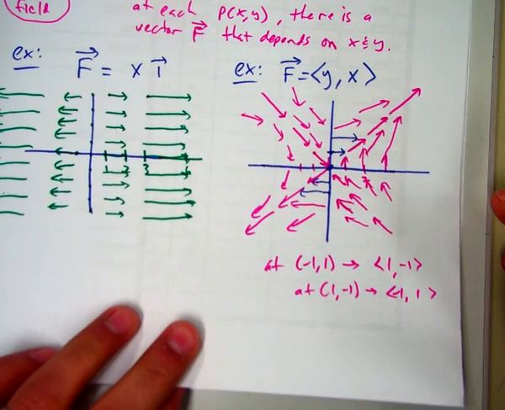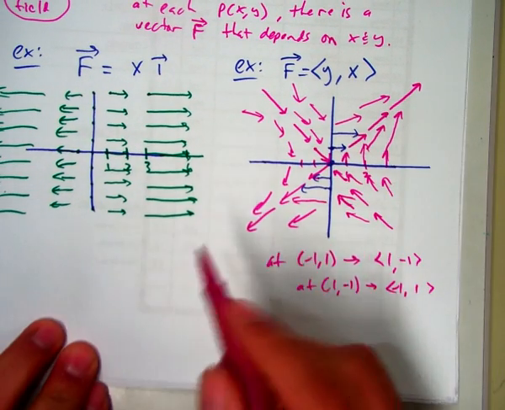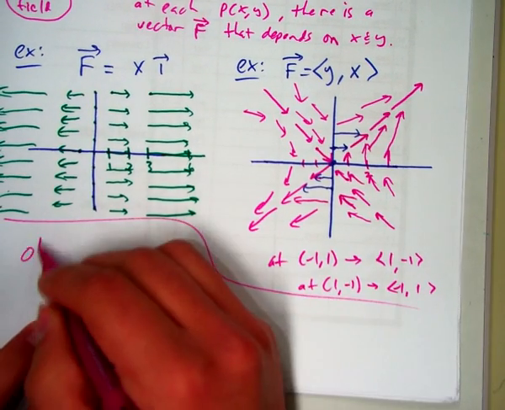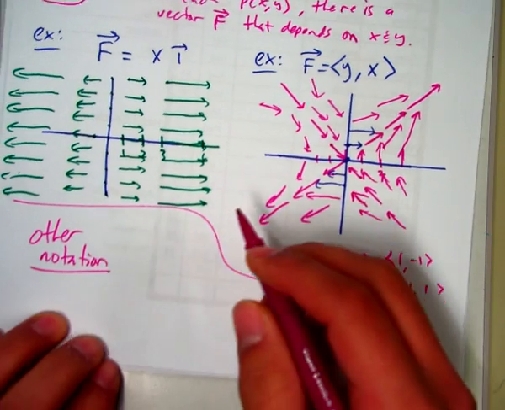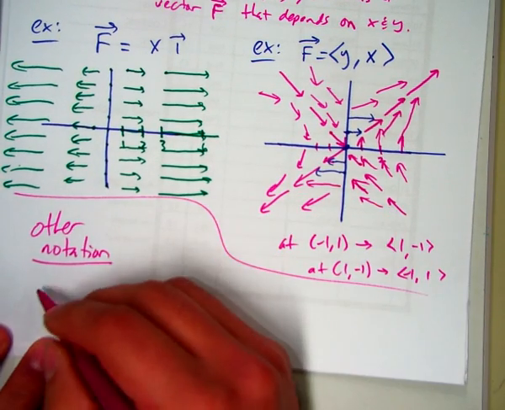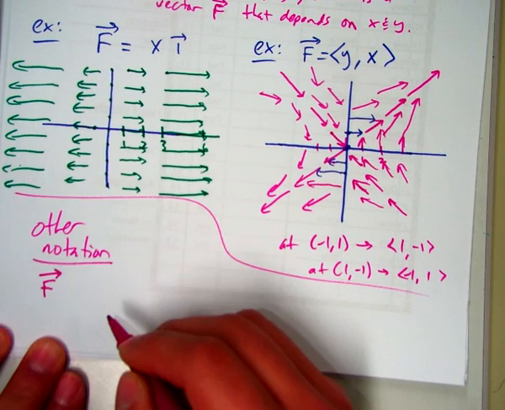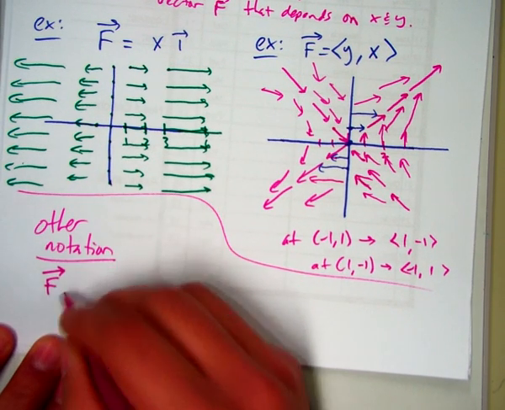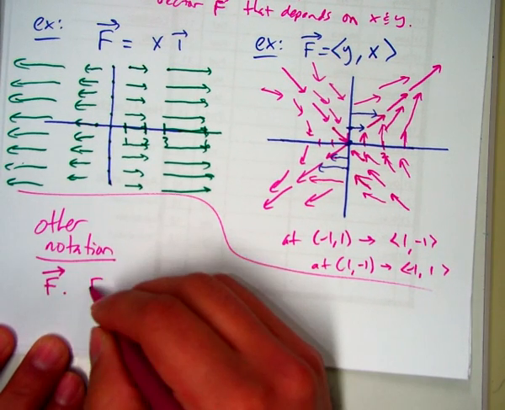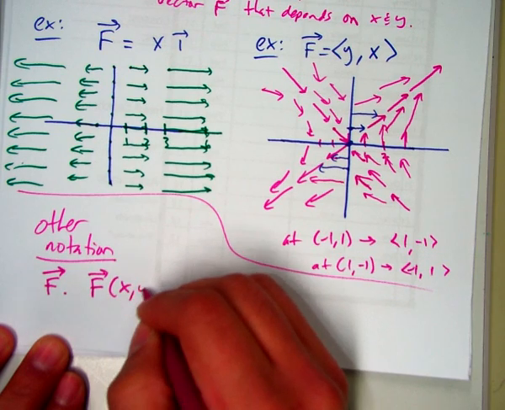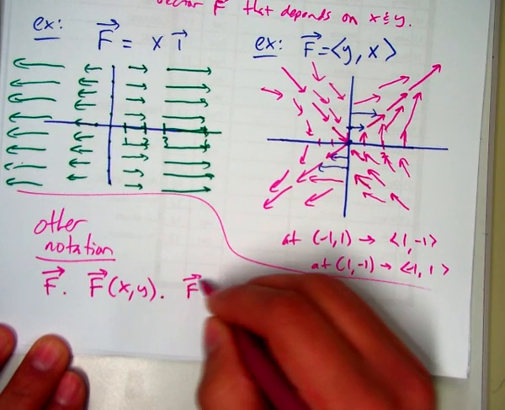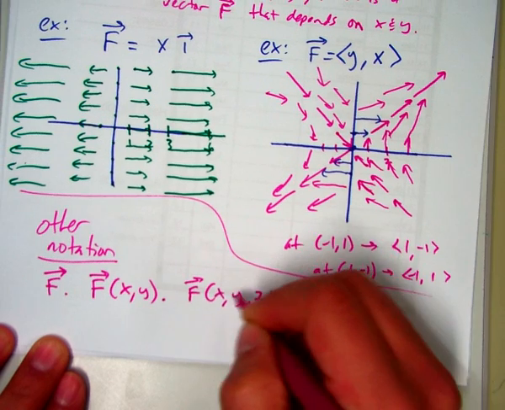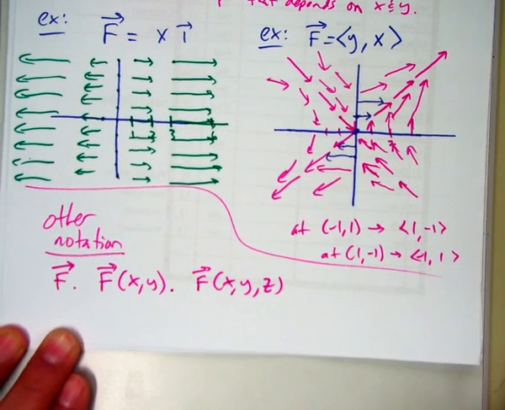Okay, so some other notation. If you see a capital F, you need to know that's a vector field. If you see capital F of x, y, that's a vector field. If you see capital F of x, y, z, now we just have a three-dimensional vector field.